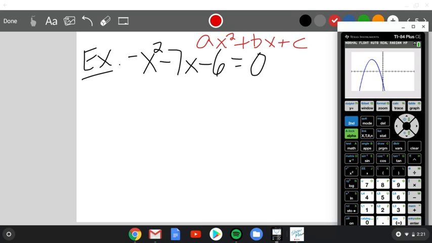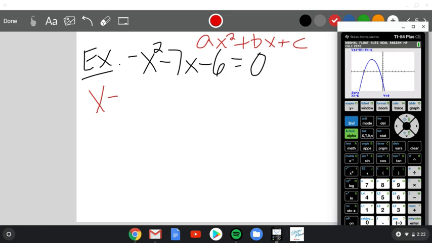So second trace and number 2. I'm going to do the far left one first. So I need to put my cursor to the left of where it's crossing, and then hit enter, go to the right, enter, enter again, x equals -6.